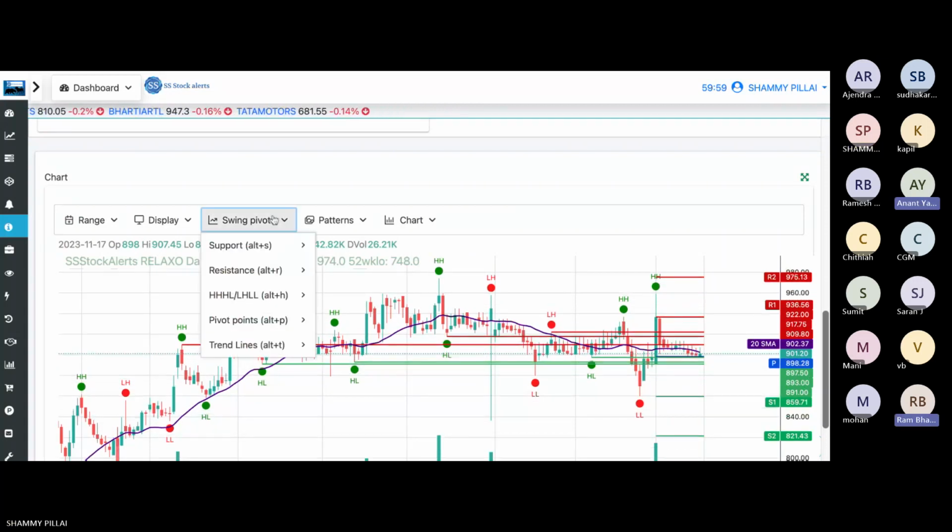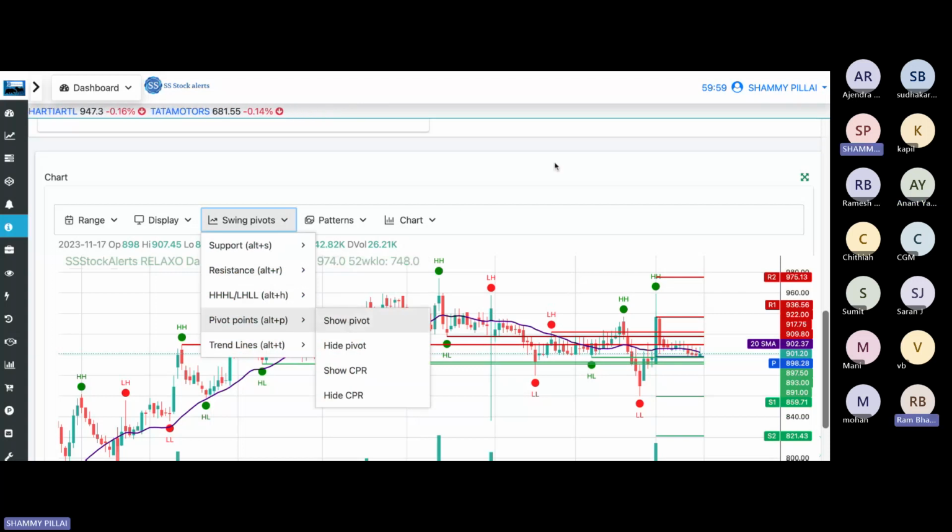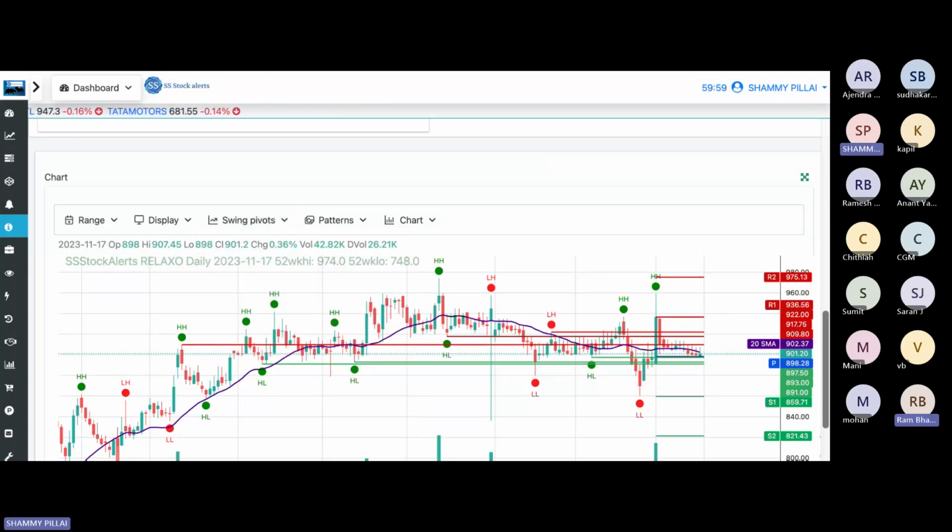Sorry, please continue. What I'm saying is that initially I started with standard pivot points or classical pivots. Then somehow I went to Camarilla as well. And for the last 2 to 3 months, I'm studying Camarilla pivots thoroughly.